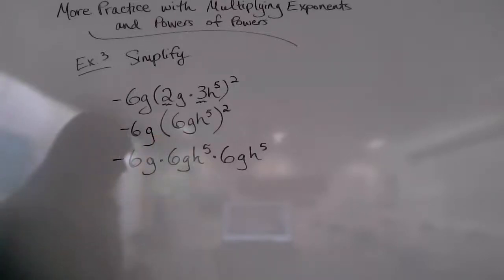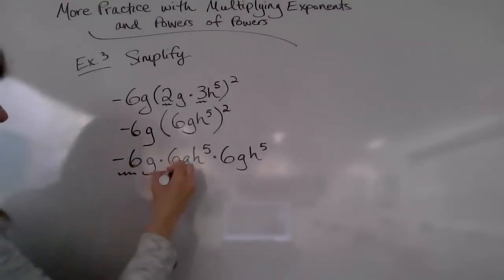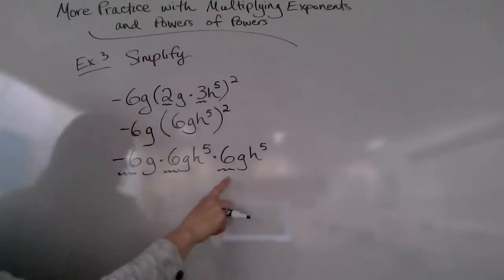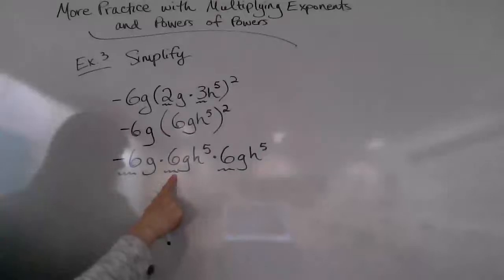All right, so now we can go ahead and look at our numbers. We have -6 being multiplied with 6 and another 6. This is not addition. This is multiplication. When you multiply -6 times 6, we get -36.